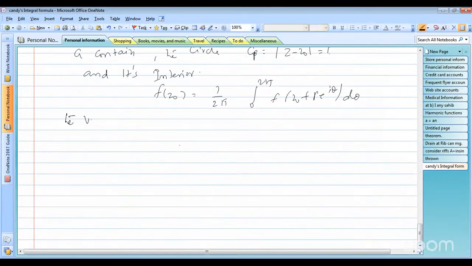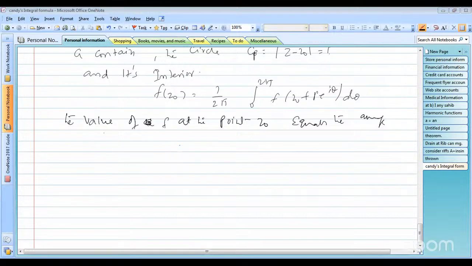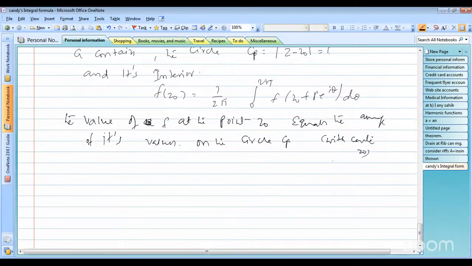So we can write: the value of f at the point z naught equals the average of the values on the circle C rho with center z naught.